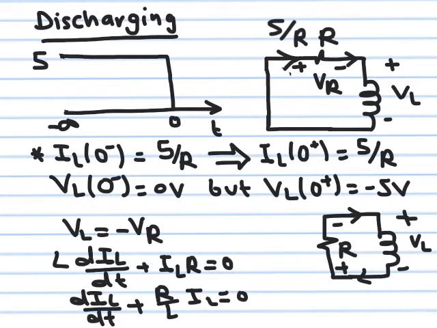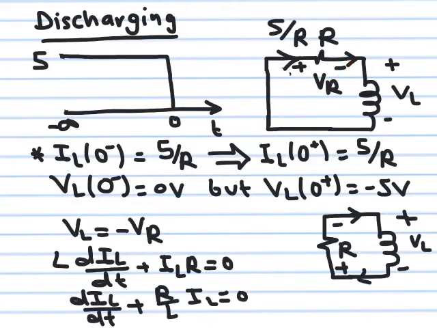It became a short circuit. The current cannot change instantaneously, so the current will still be 5 over R even after the battery disappeared, because as we agreed, the inductor current cannot change instantaneously. It has to change in a smooth way. So VR immediately after you remove the battery will still be 5 volts.